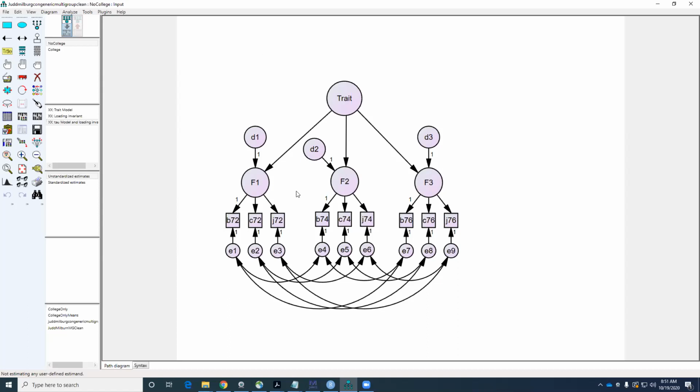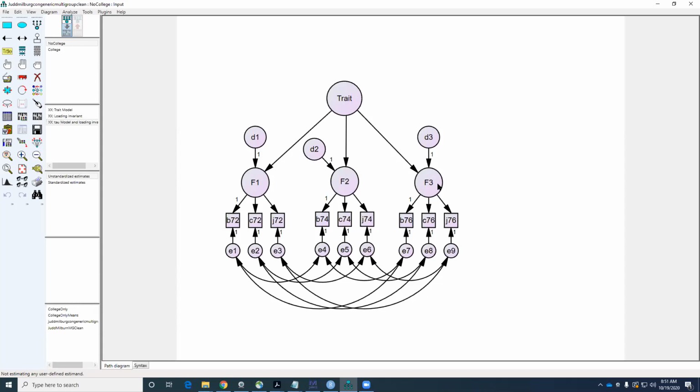Upstairs, I need to play the same identification game as I would play as if these were manifest variables. That is, I can fix this trait variance to 1 and freely estimate these 3 loadings, and then freely estimate these error terms. This part of the diagram then becomes a statement about the variances and covariances among 3 latent variables.